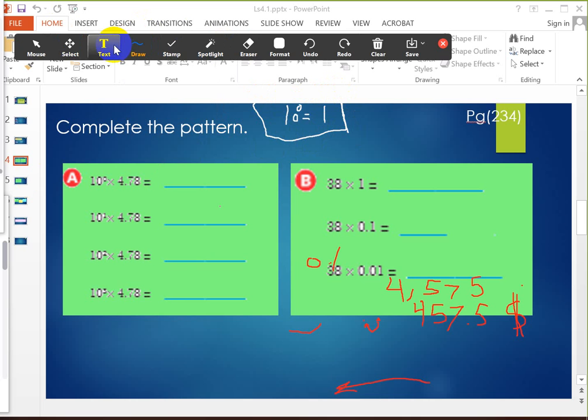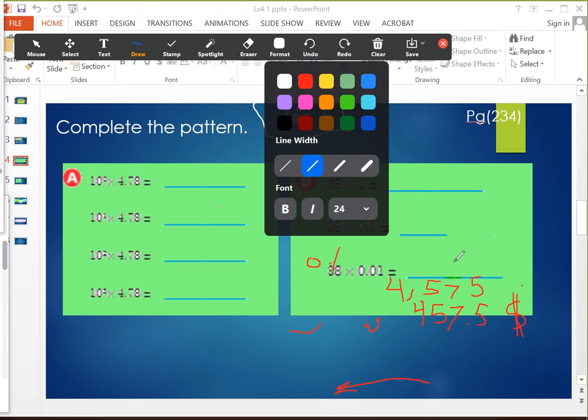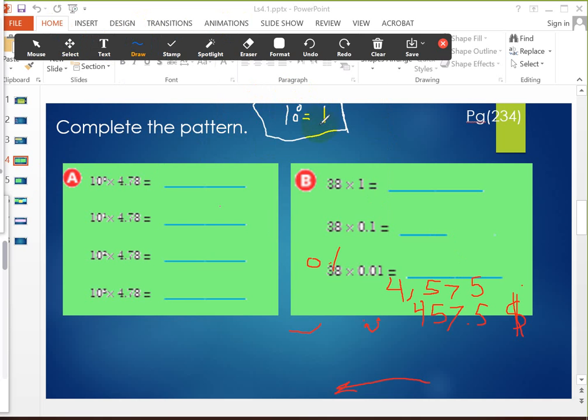Okay? So any number with power of 0 equals 1. That means this 10 power 0 equals 1. That means 1 multiplied by 4.78 equals what?